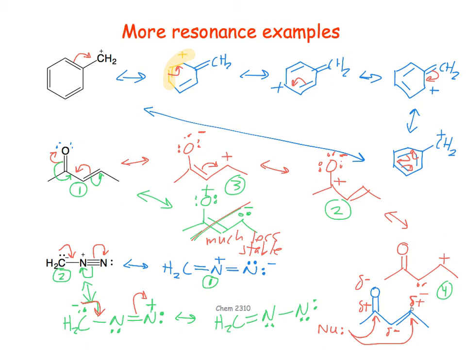The one on the bottom right has only 6 electrons on the nitrogen on the right. What about the one on the left? Same atom, only 6. But the one on the left has a separation of charge, and the one on the right doesn't. So I would probably rank this as number 3, and this one as number 4. But probably the two structures that are going to contribute the most would be those top two.